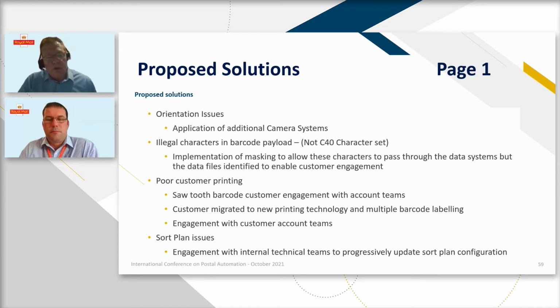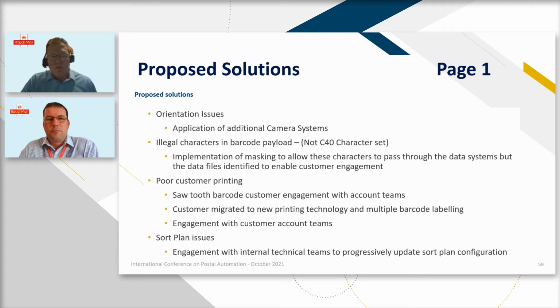Looking at some of the technical ones first, orientation, which Simon mentioned earlier: we're now starting to add additional camera systems to our parcel sorting machines to try and find those barcodes that have been previously hidden from us. The illegal character, the comma that Simon mentioned during his section: we're now masking those so we can extract the payload and do sortation on those items as well as tracking.